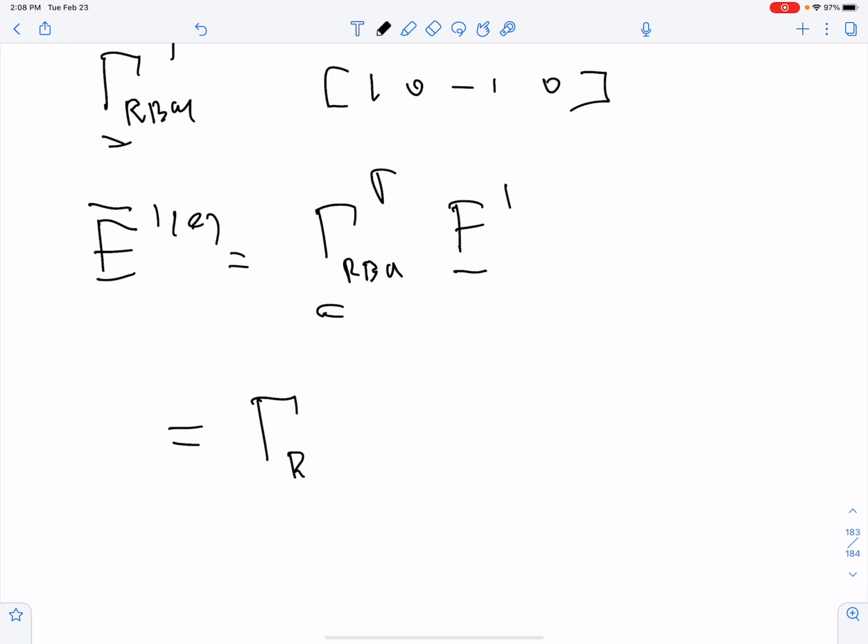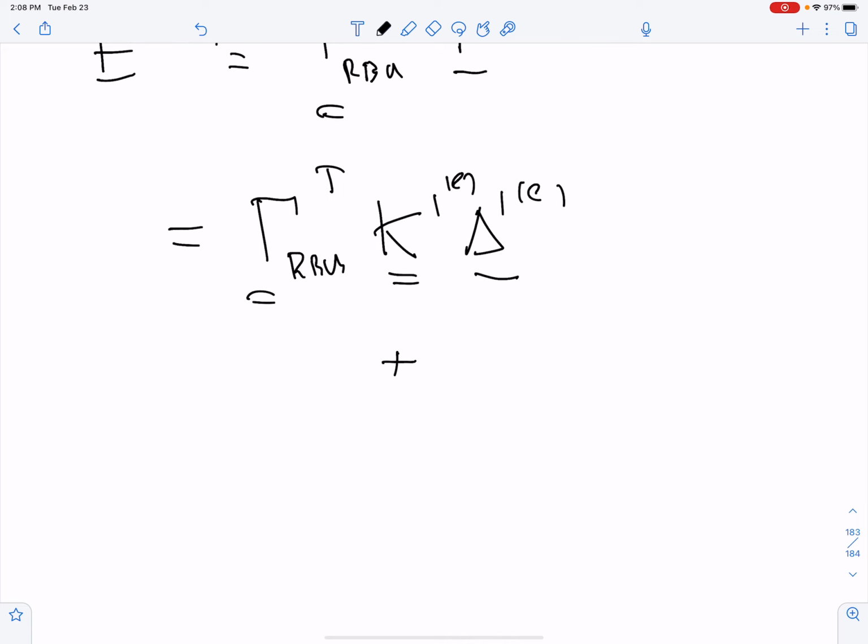Then you can write down K prime, delta prime, for element E, as before, plus gamma RBM transpose times F prime F E.